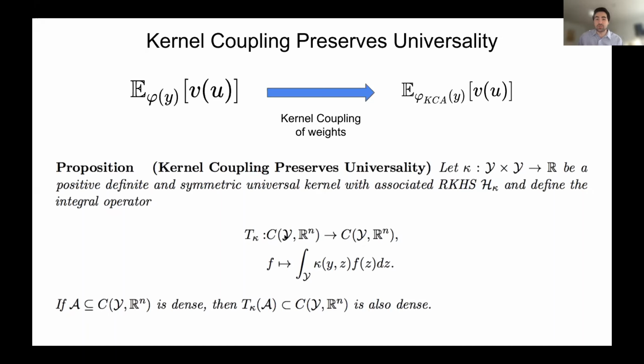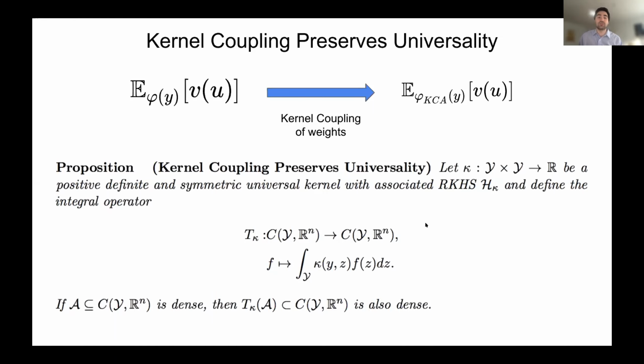The connection here comes from the fact that what we're asking is, this is an integral operator that we're using to act on our proposed score function. What we want to say is that if we start with a dense subset of the domain of this integral operator, and we look at the image of that dense subset of the domain space, that the image is itself still dense.